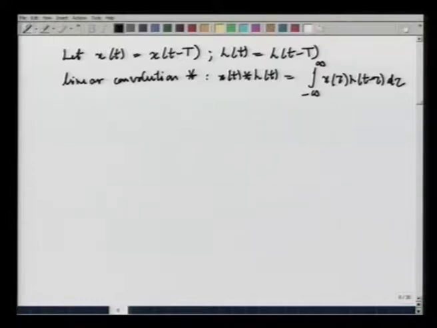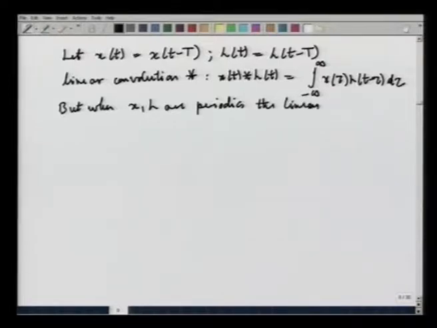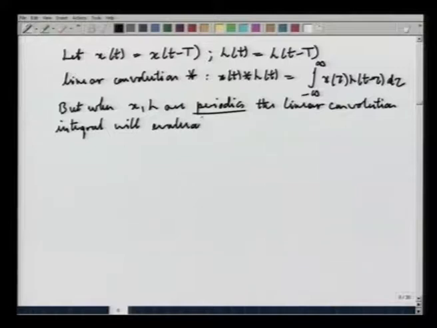As far as non-periodic signals are concerned, there is no problem, but when x and h are periodic, the linear convolution integral will evaluate to an infinite area. In short, it will not converge.